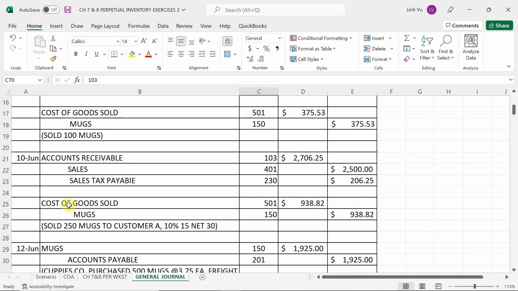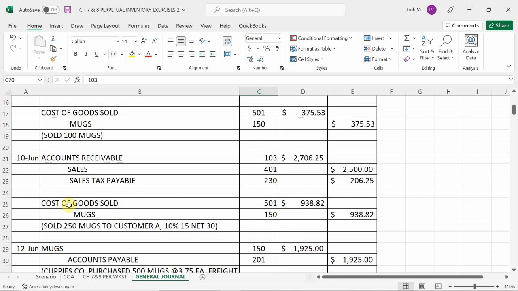Since I gave them a 10% discount, how much can I discount? 10% of what? 2,500. I can only discount the sales price.